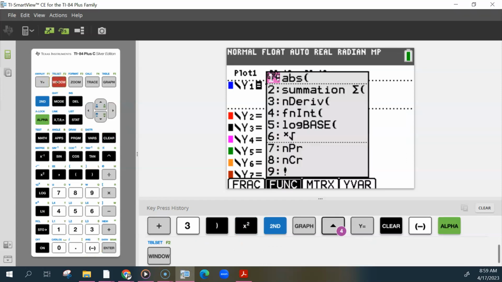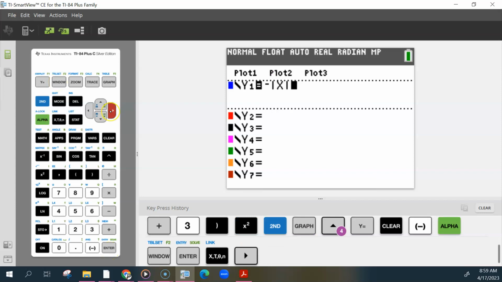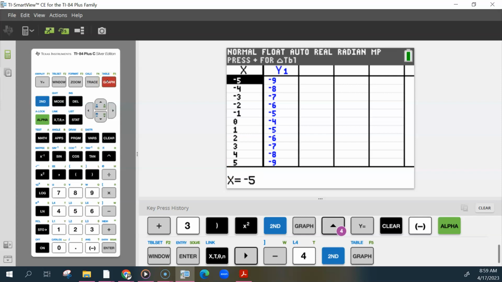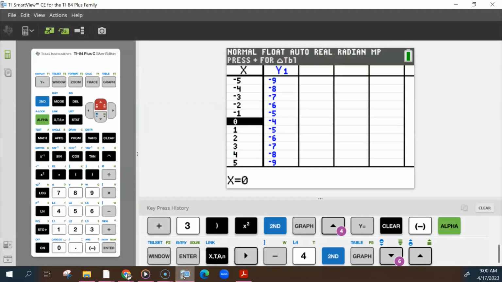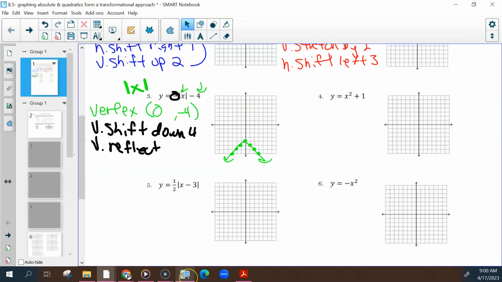Alpha window gives you your absolute value, just x inside the absolute value, and -4, not -4 on the outside. And then second graph, our vertex was 0, -4. And then if we went out from there, -1, -5, and 1, -5. -2, -6, and 2, -6. And then the other one should be -3, -7, and 3, -7. Okay. Questions on that?